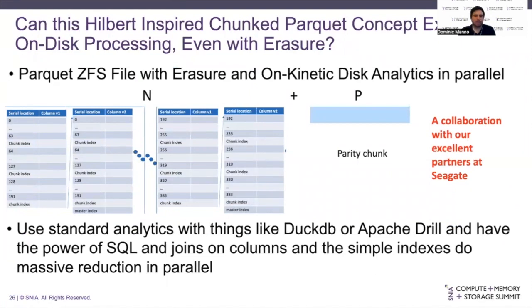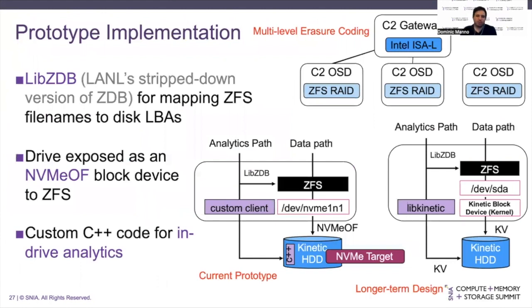This allowed us to write Parquet files through the normal ZFS layer, but then provide an analytic interface that bypasses the file system and runs queries on the device using a file-to-LBA mapping. We use libzdb to do the mapping from ZFS file names to LBAs.